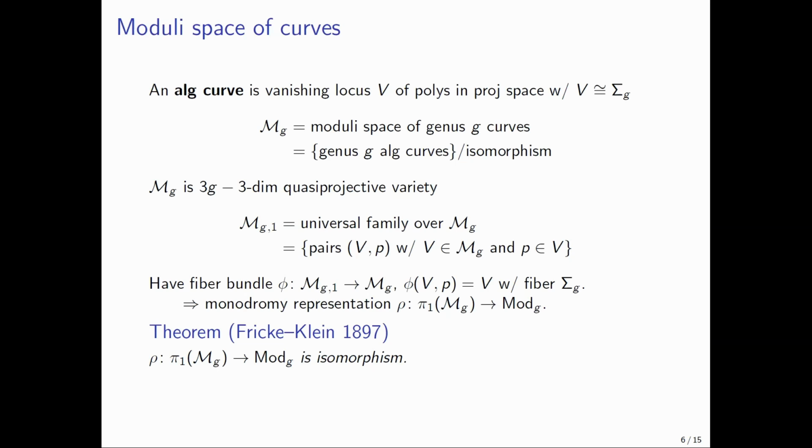I said this is a moduli space, and one lesson you learn as you try to construct moduli spaces, spaces parameterizing geometric objects, is that if you have objects that can have symmetries, then it becomes very subtle to construct their moduli spaces.